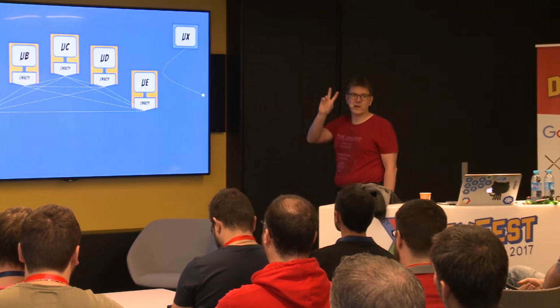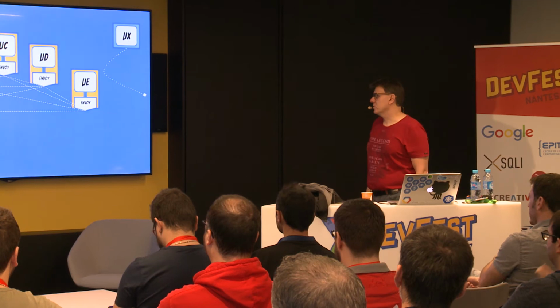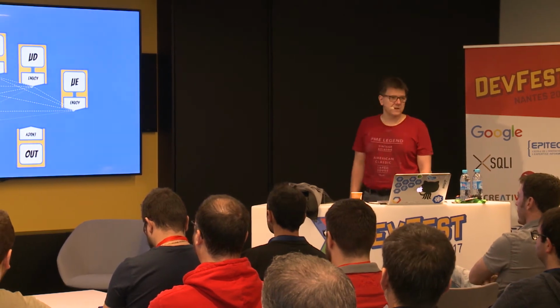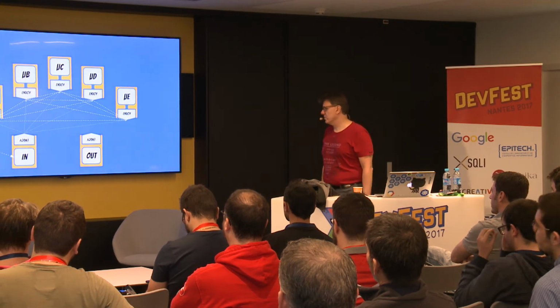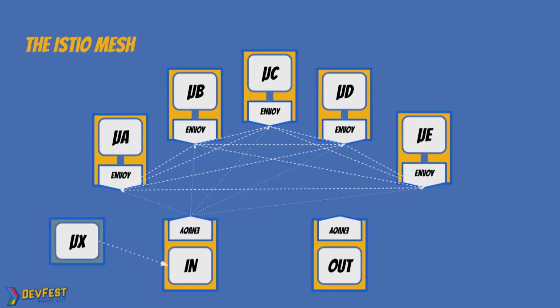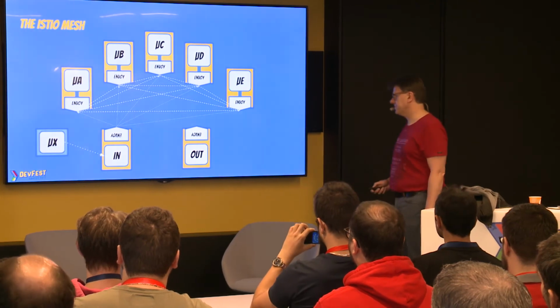So there are two extra components to communicate with the outside world, and that's ingress and egress. Those components will make sure that there is traffic in and out of your mesh network, also having the advantage that you can control those things.